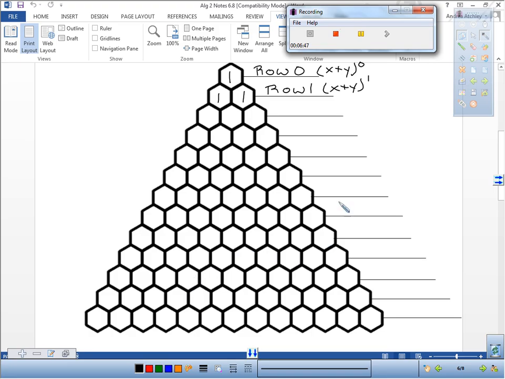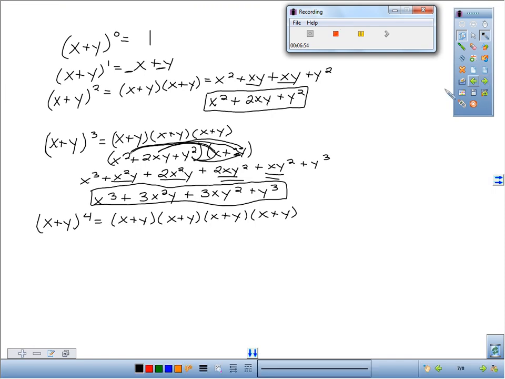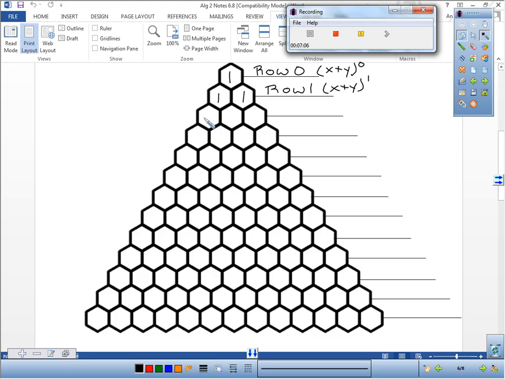Okay. And if we look back, x plus y squared, my coefficients were 1, 2, and 1. So that's our row 2. So 1, 2, and 1, and that is row 2 because it's x plus y squared.